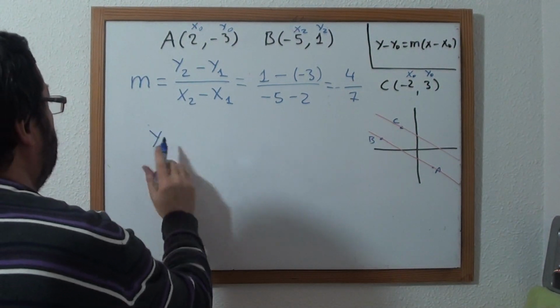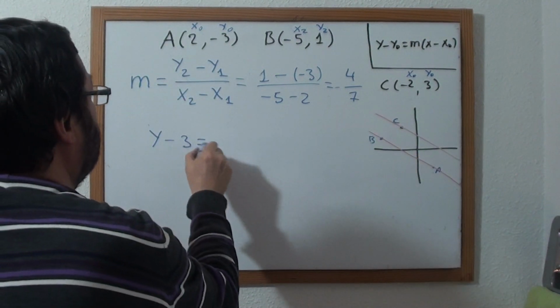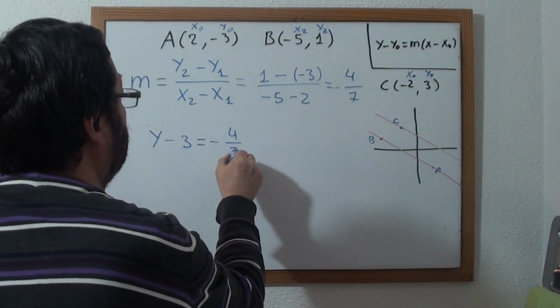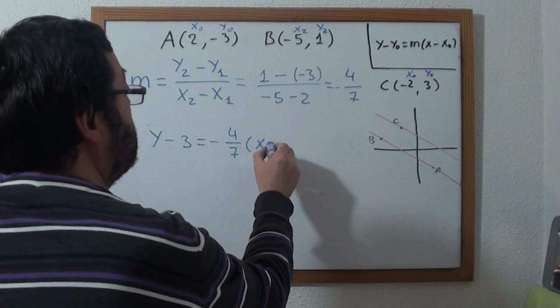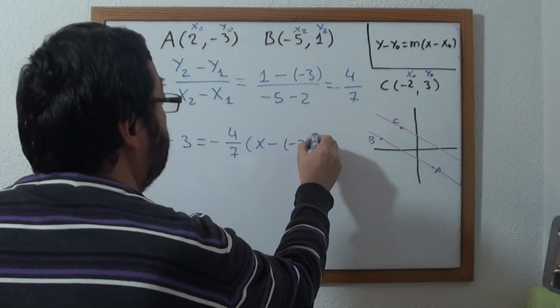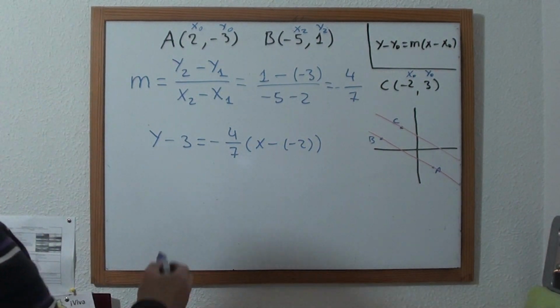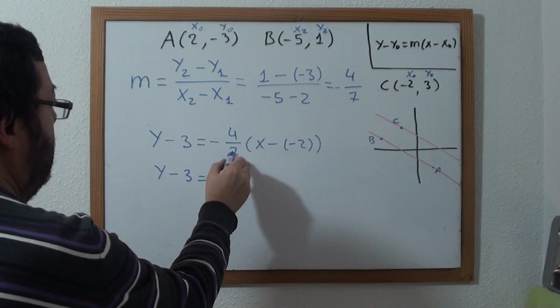y minus y0, so y minus 3 equals m, same as before, 4/7, times x minus -2, x minus x0. So now let's solve for y.